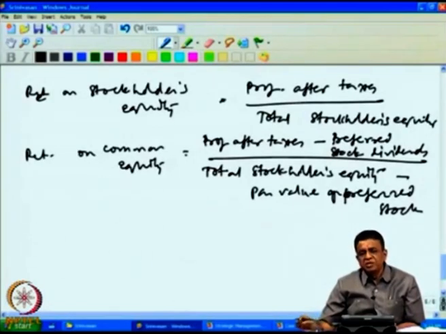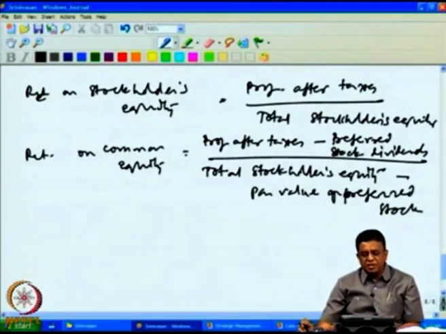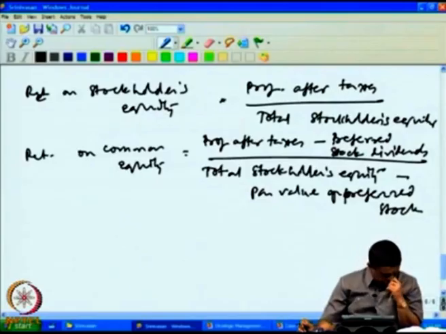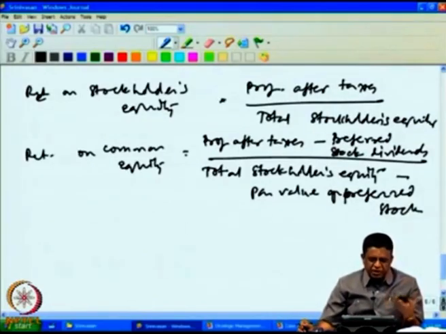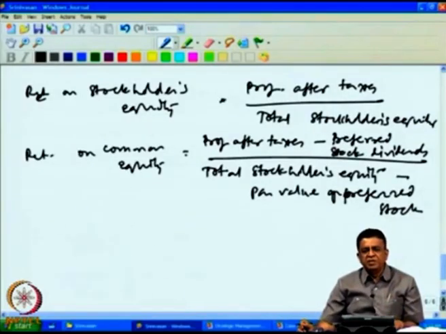Take 100 people picking up equity, as a hypothetical example. They come under the common equity pool. So, when you are saying return on common equity, the 10 people are the preferred stockholders, and these 100 people form the common equity.